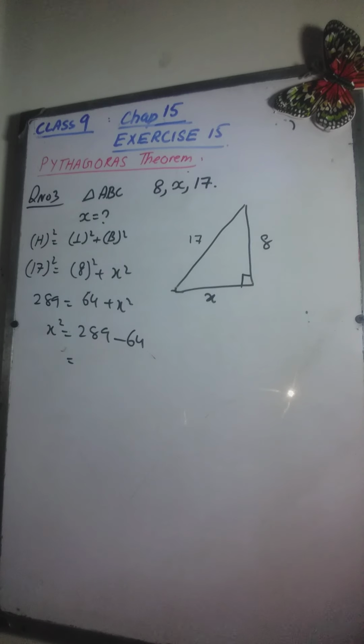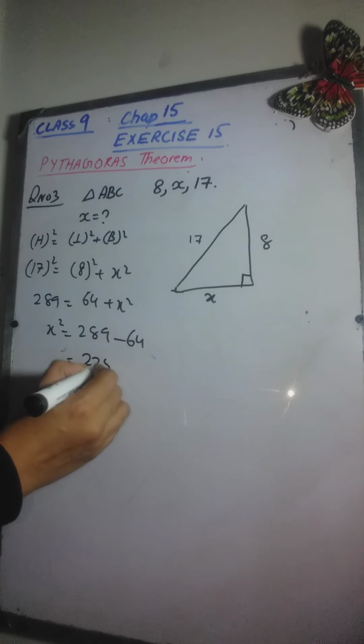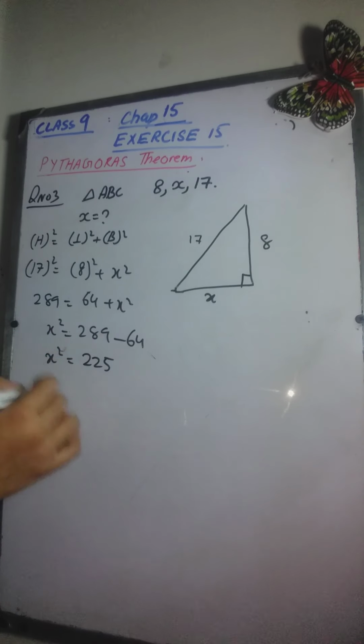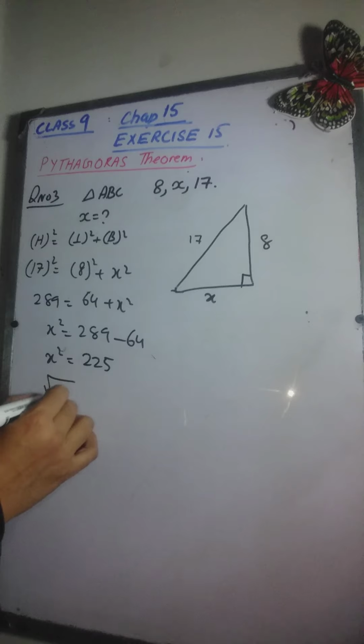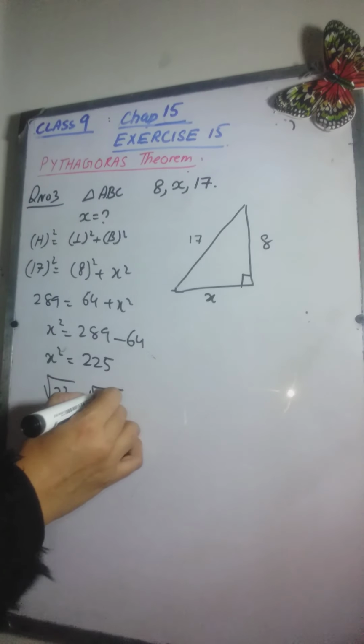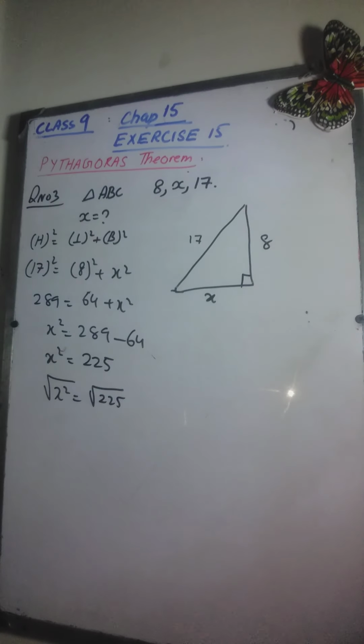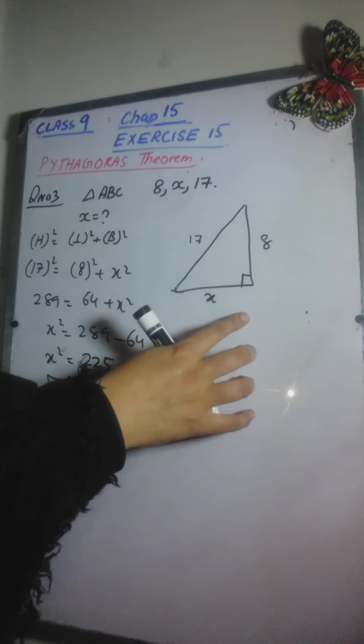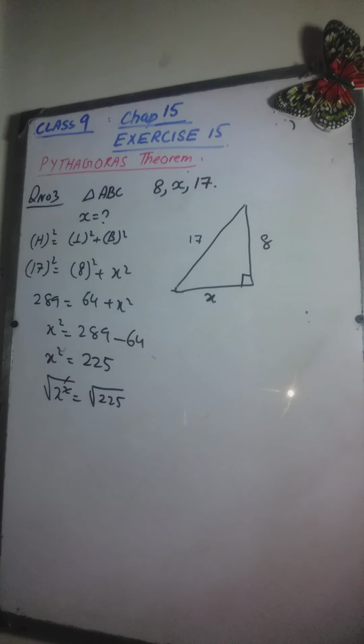Subtracting these two, 289 minus 64 comes out to be 225. Now taking the square root of both sides, we are going to take the positive square root, not the negative one. Why is that so? Because x represents the length of the triangle's side, and a length can never be negative, it is always positive.